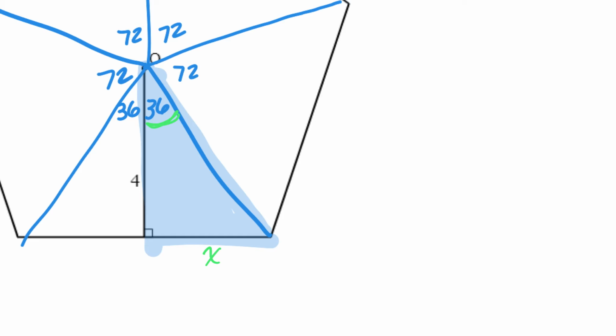So from the 36-degree angle, we have the opposite side and the adjacent side. So the trig ratio that deals with opposite and adjacent is tangent. So I'm going to go tan of 36. And tangent of 36 equals opposite over the hypotenuse, which is 4.